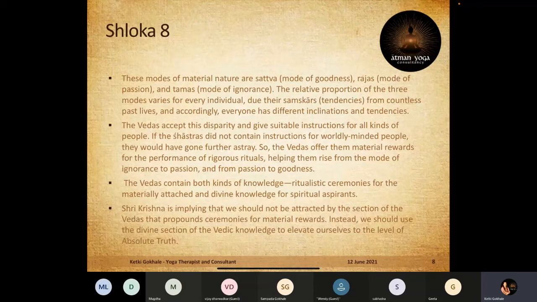If the Shastras did not contain instructions for worldly minded people, they would have gone further astray, further into ignorance. So the Vedas offer them material rewards for the performance of various rituals, helping them rise from the mode of ignorance to passion, that is from tamas to rajas, and from passion to goodness, that is from rajas to sattva.